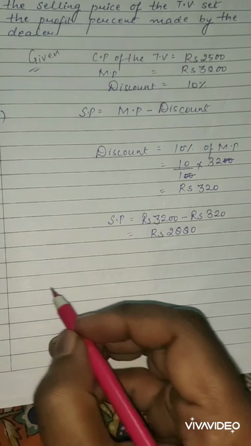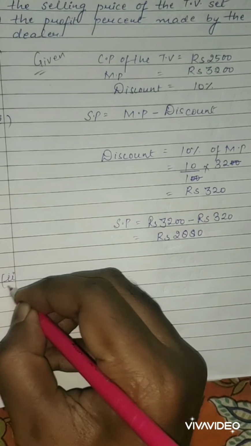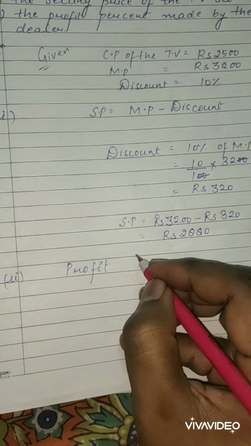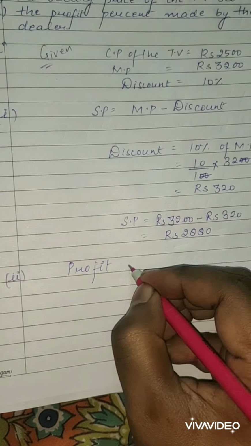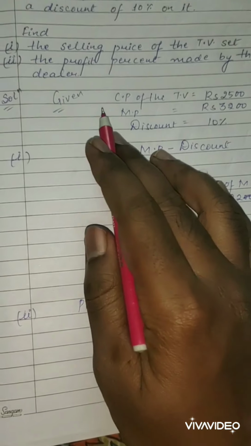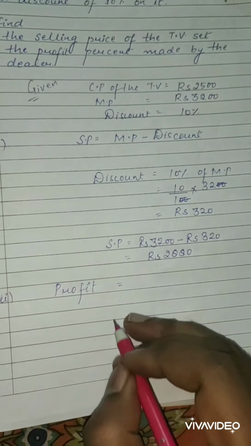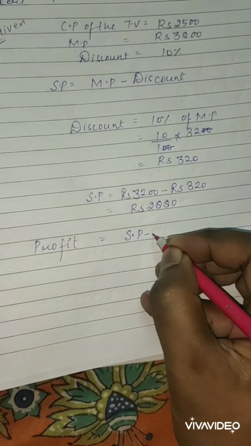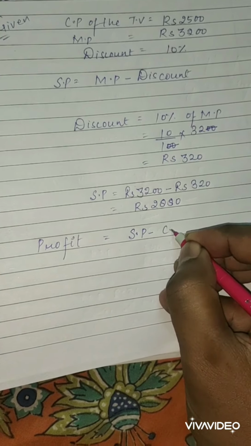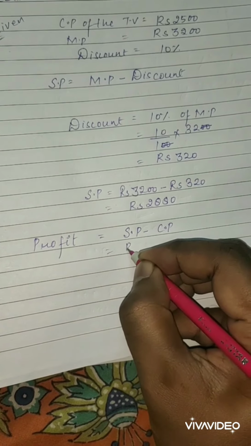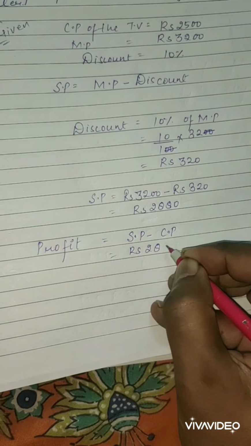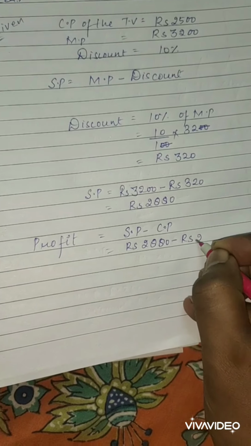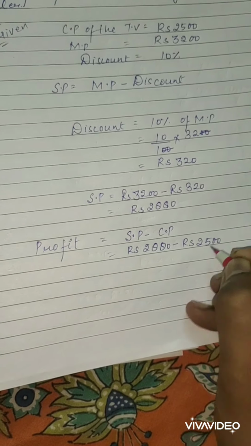So we have got the first part. Let's see the second part. Now profit. In order to take out the profit percent, first we will take out the profit. So the formula of profit is selling price minus the cost price. So selling price is rupees 2880 minus rupees 2500.